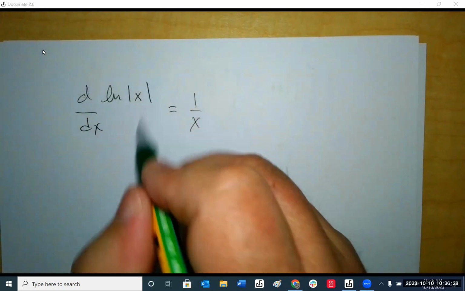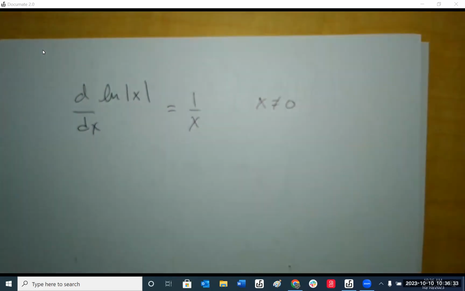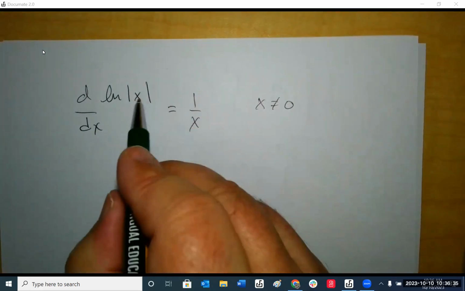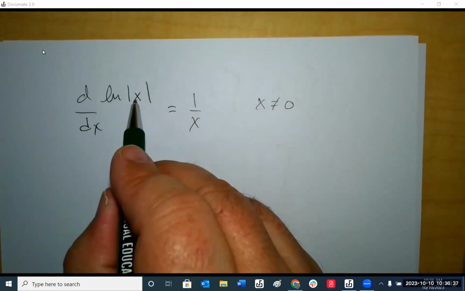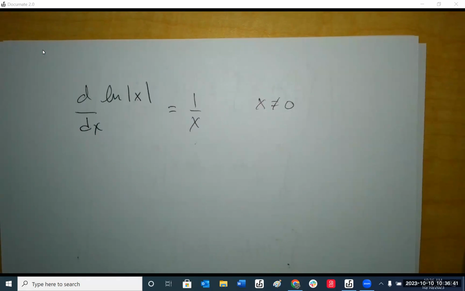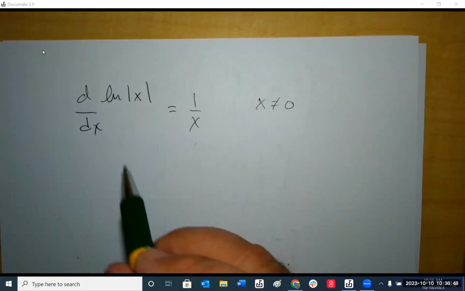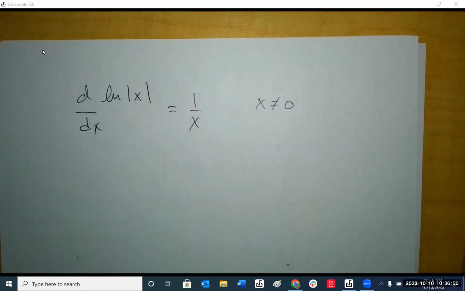But since x is an absolute value, all we can say is that it can't be 0. Since x can be positive or negative or anything except 0, that's the only restriction we have. If you take the ln of the absolute value, the only restriction is that the bottom can't be 0.